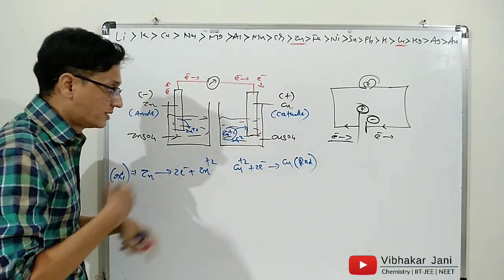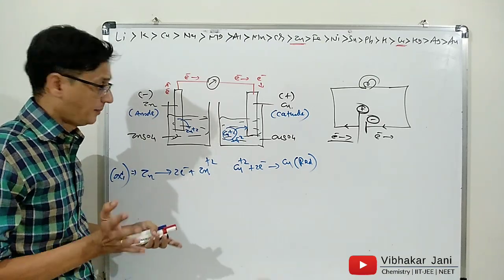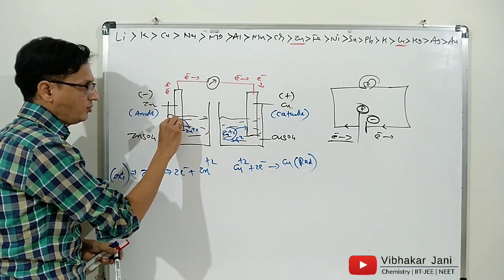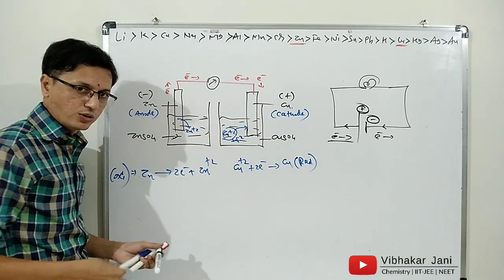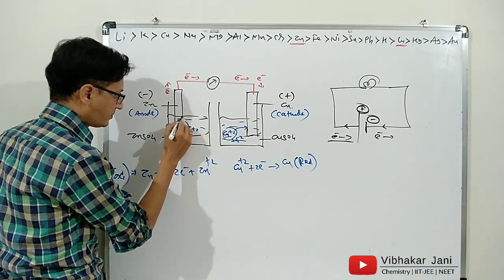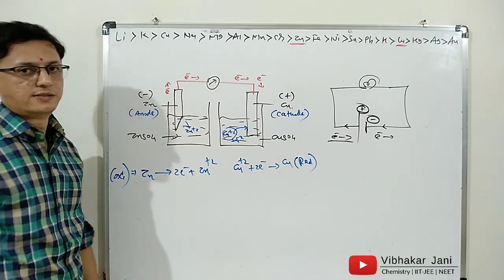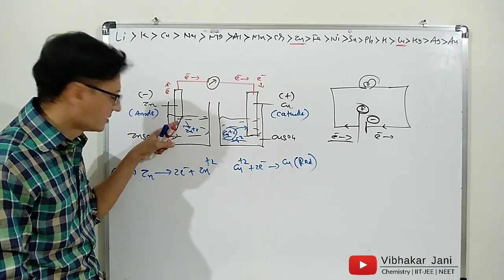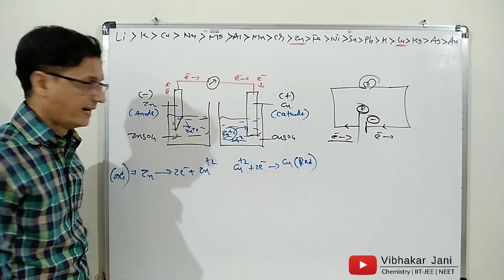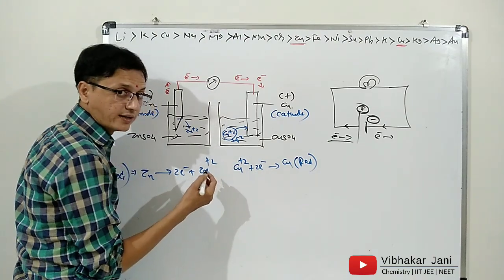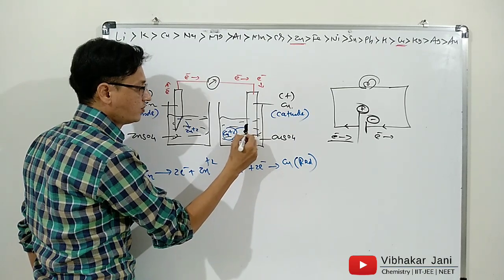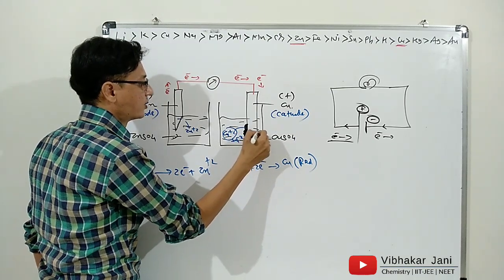Now what will happen if this reaction keeps happening continuously? Suppose one more zinc atom releases electrons and goes into the solution. In that manner, after some time, this anode will become like this, because most of the zinc is converted into Zn+2 ions and goes into the solution. And most of the Cu+2 ions will accept electrons from the circuit and become Cu atoms, and they are deposited on this electrode.